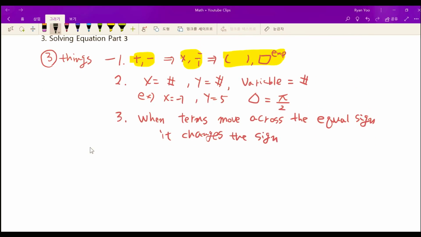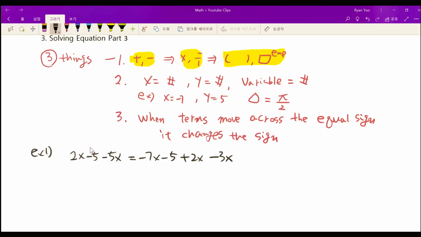Okay, so if I have 2x minus 5 minus 5x is equal to 7x minus 5 plus 2x minus 3x, let's do this one first. That's going to be my example number 1.